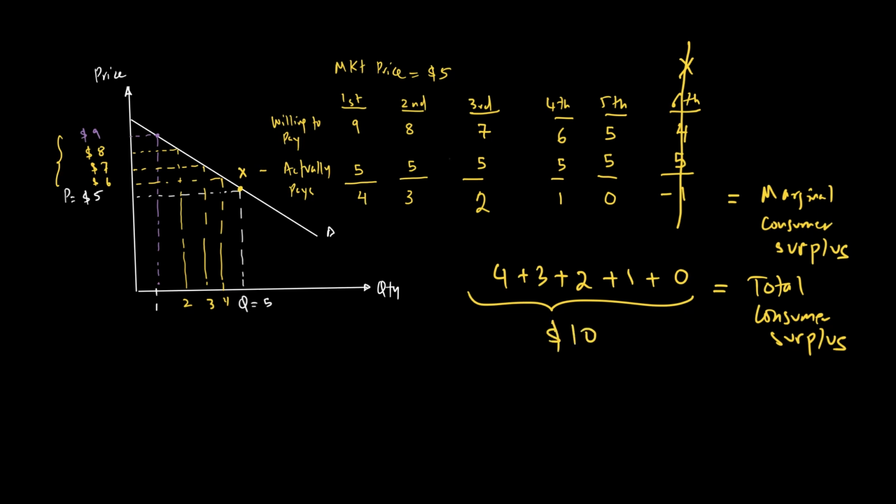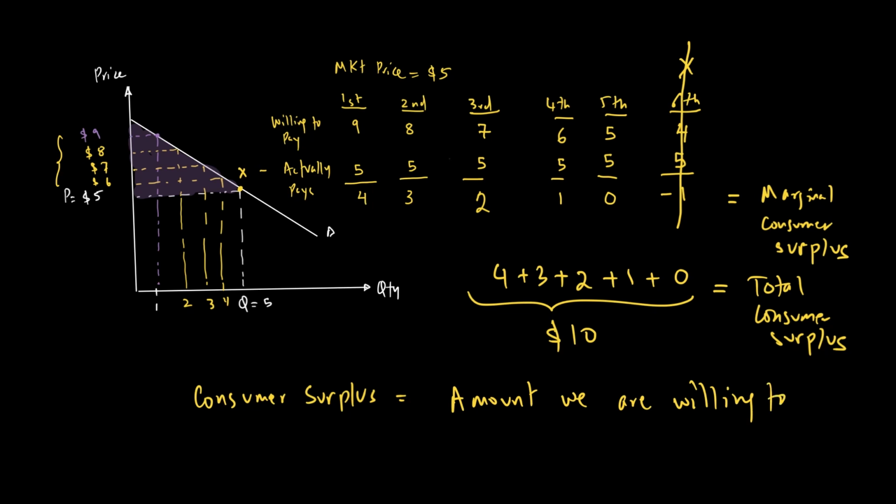Now that basically means all of this area under the demand curve above the market price is what I call my consumer surplus. So what is consumer surplus in terms of area? Consumer surplus by definition is, by the way, amount we are willing to pay minus amount we actually pay, right?